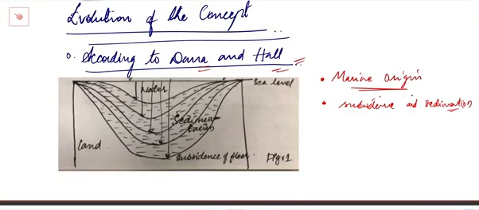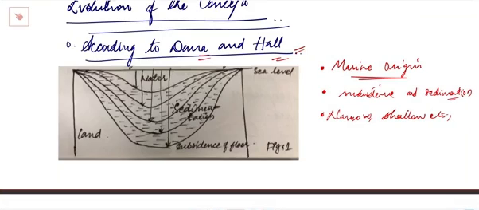So this is what they said. It takes place regularly, and they have said that the geosyncline is what we have discussed earlier: narrow, shallow, etc. What we have discussed earlier.